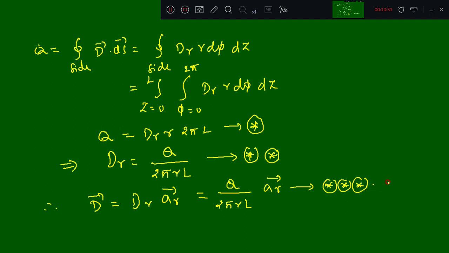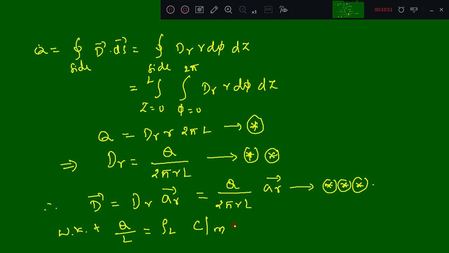From the definition we know that Q divided by L is nothing but rho L in coulombs per meter.